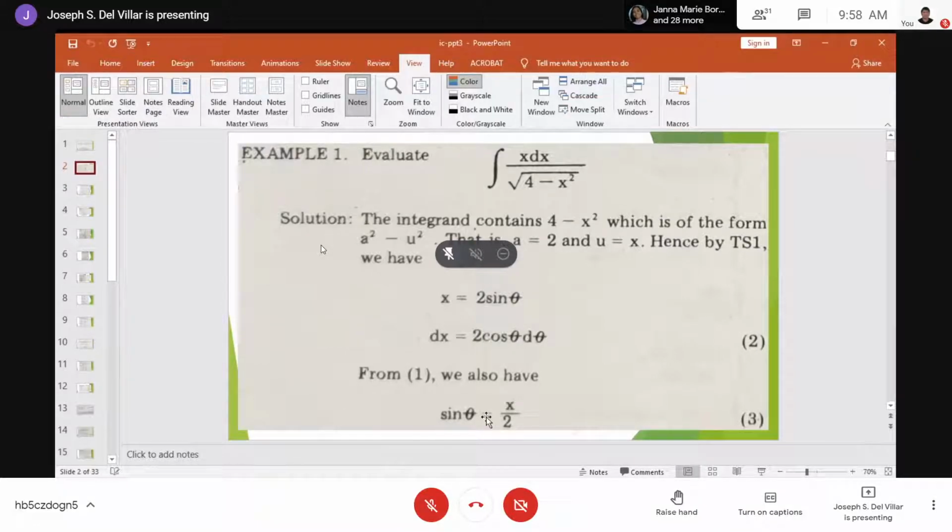Now, having known that sine theta is opposite over hypotenuse, therefore, make a right triangle, and theta is the acute angle, and opposite the angle theta is x. And then the hypotenuse is 2.